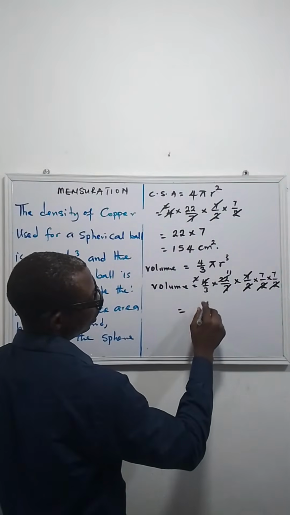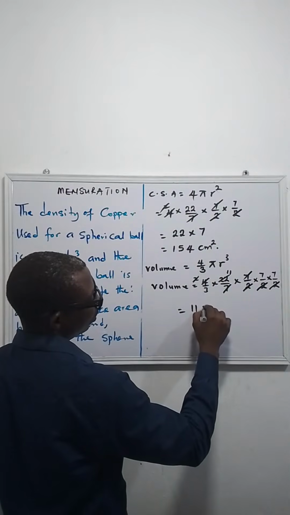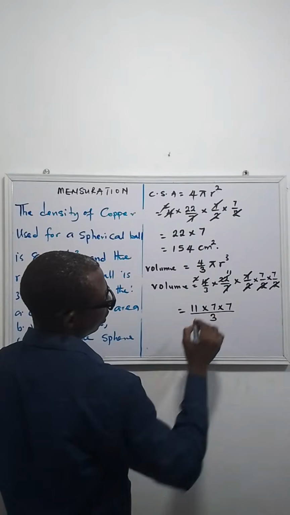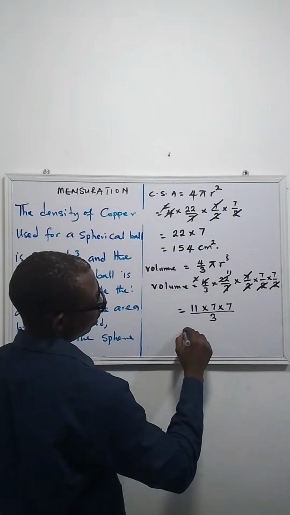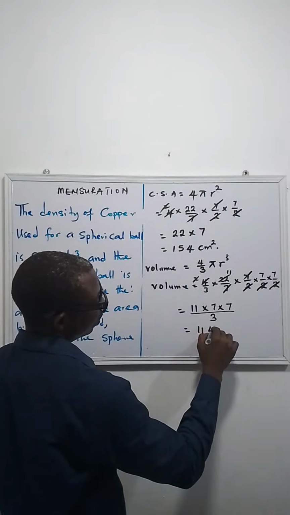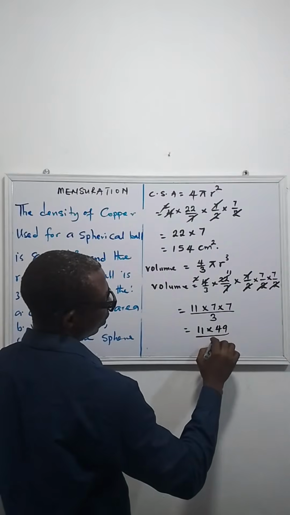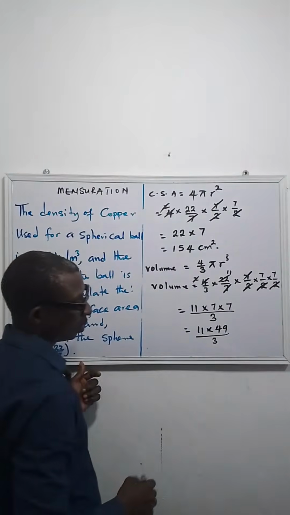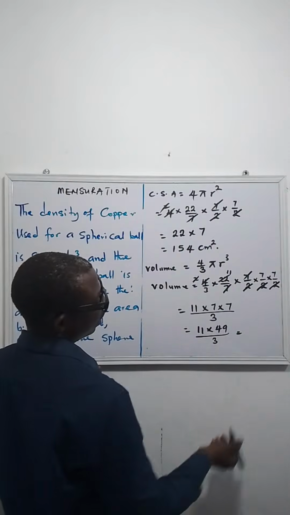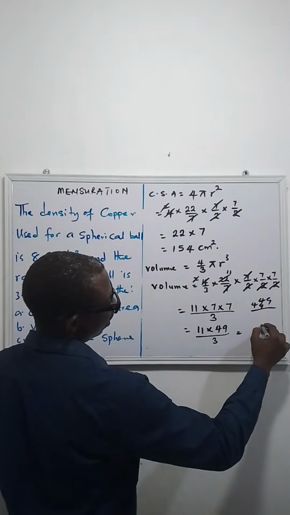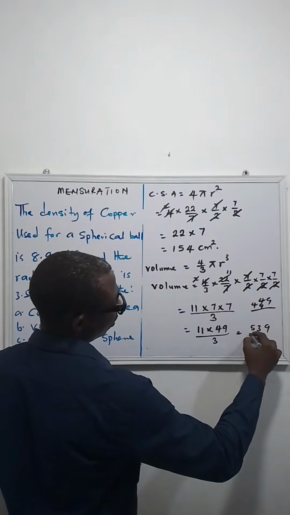We have 11 times 7 times 7 over 3, and that is the same thing as 11 times 49 over 3. So now let's multiply that. We have 935 over 3.